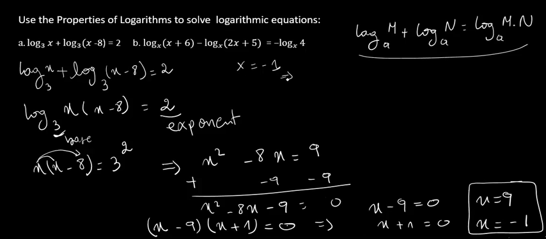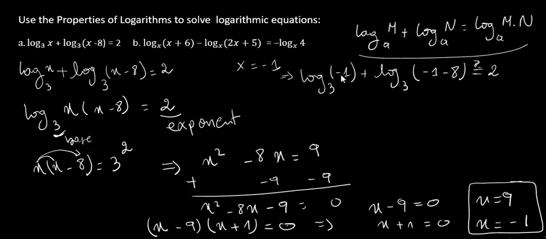My equation becomes log base 3 of minus 1 plus log base 3 of minus 1 minus 8 is equal, I'm trying to prove that it is equal to 2. That's why I wrote here a question mark. Since I have here log base 3 of negative 1, I cannot take a log of a negative number, which means x equal to minus 1 cannot verify my equation, which means x equal to minus 1 is excluded from the solution.